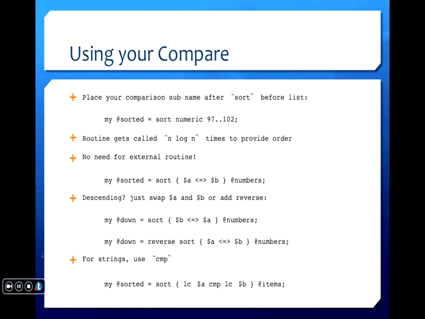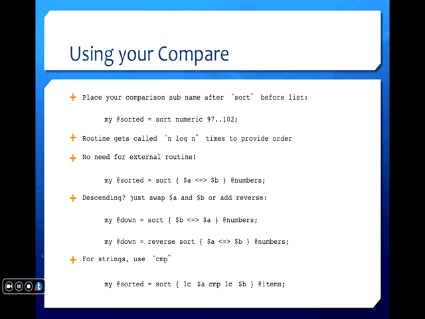Okay, how am I going to use it? We know the sort works on strings. All you have to do is insert the name of your subroutine after the sort, and Perl will figure out how to work with it. So sort numeric, I'm calling my subroutine, then 97 to 102.